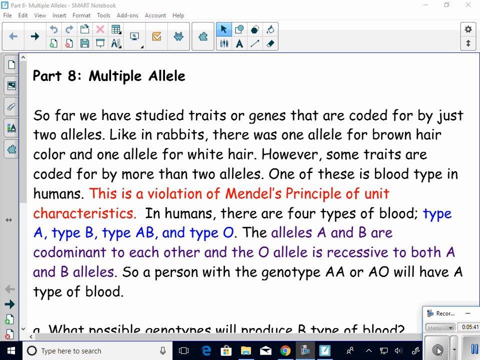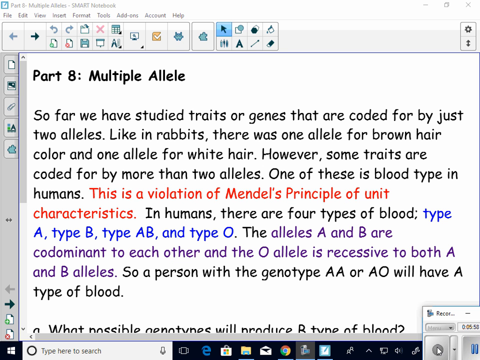Neither one of them dominate over the other. Remember when we talked about codominance yesterday? We talked about a red flower and a white flower, and when we had the heterozygous, it was pink, right?